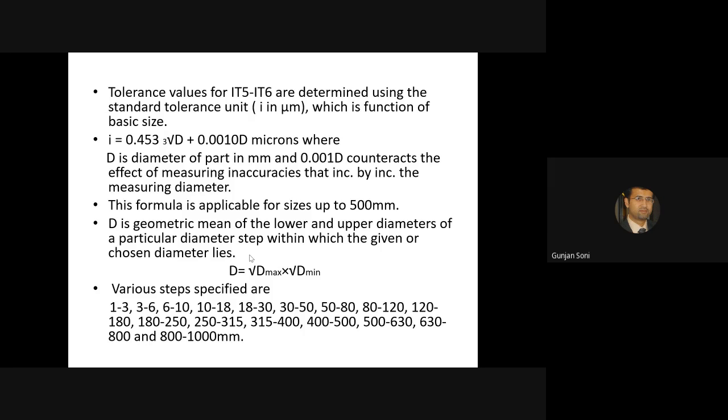So it will be 16 plus minus the tolerance, whatever we are calculating over here. So your basic size is 16. We are not altering that, but the tolerance we are calculating. Okay, and the D value of 13, whatever you're getting, you're going to substitute in the formula which is given above. And it changes with the type of tolerance which you are giving, like IT5 to IT6.